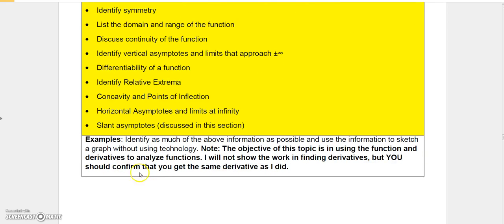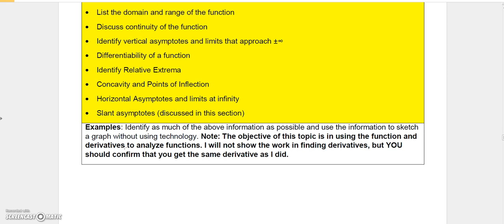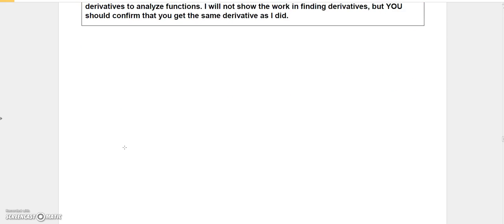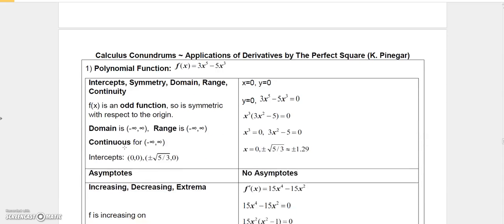So basically, we're going to identify as much of the above information as possible, and then use the information to sketch a graph without using technology. Now, on the pictures I'm going to use, you're actually going to see the graph already laid out, but you have to pretend that the graph is not there. I'll show you what I'm talking about when we get to the first example.